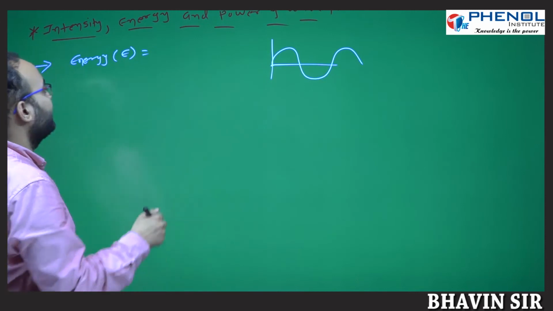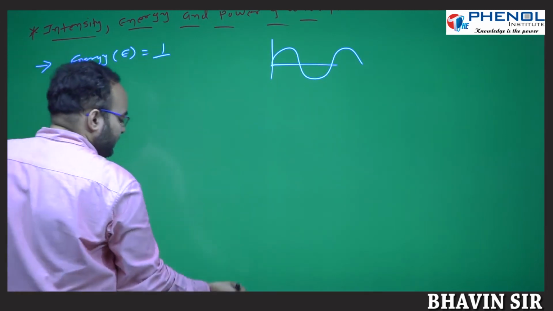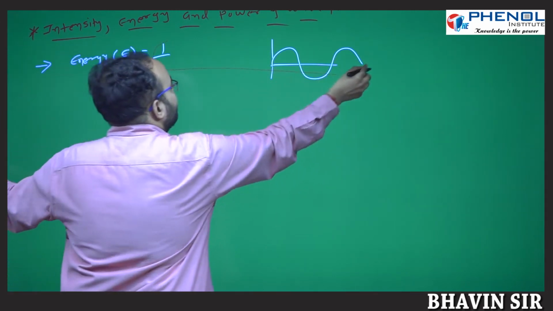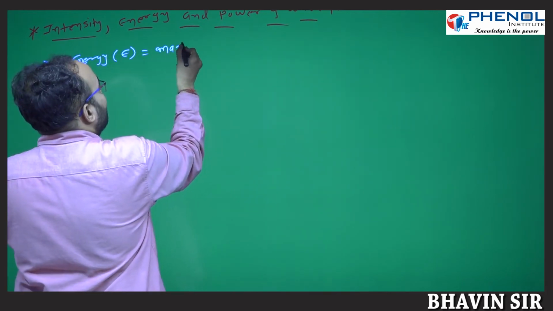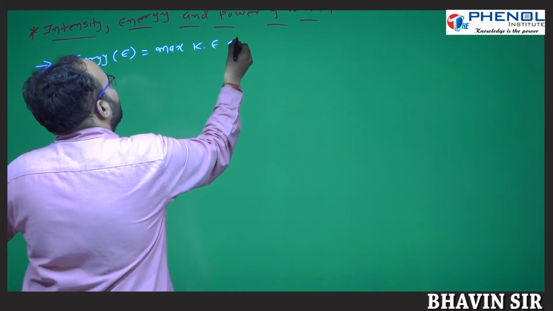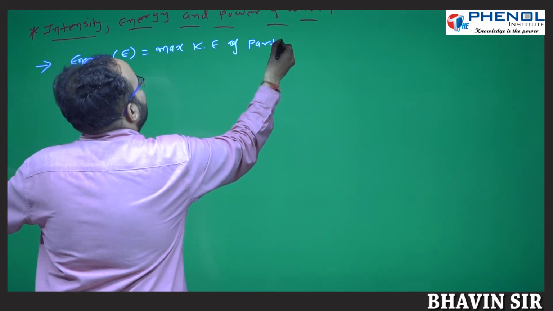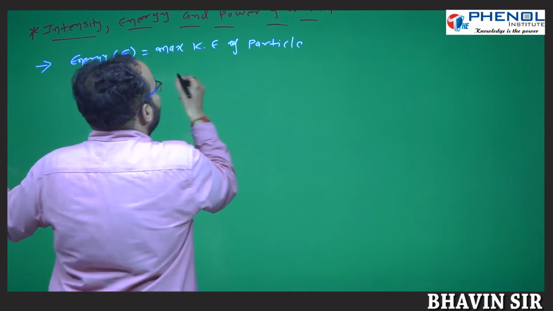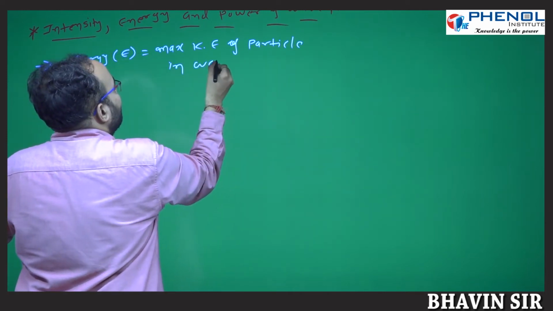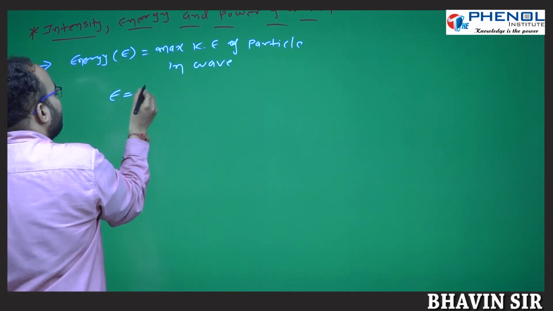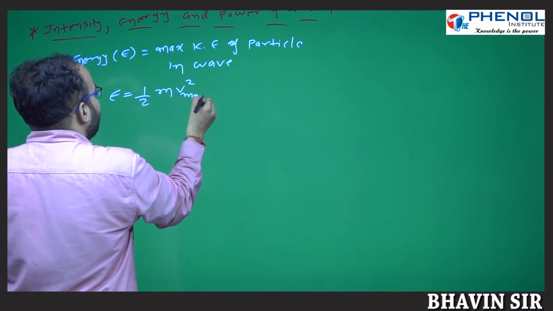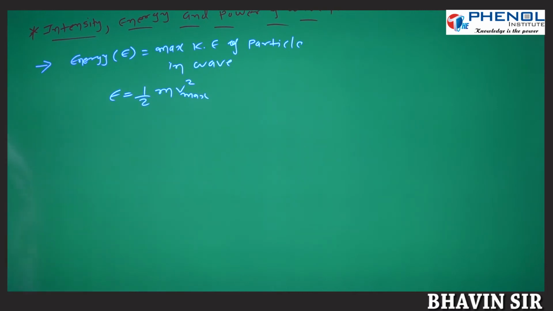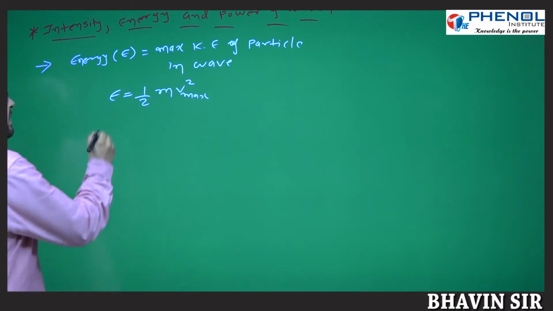So see students, energy of wave means maximum kinetic energy of particle in wave. And what is the maximum kinetic energy? Half m v square, and it is maximum kinetic energy, so we consider maximum speed.